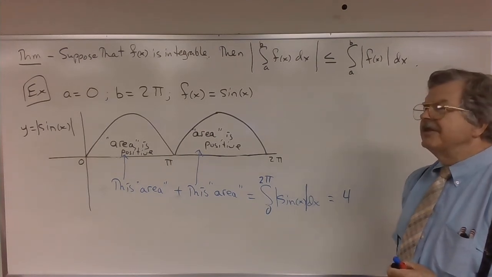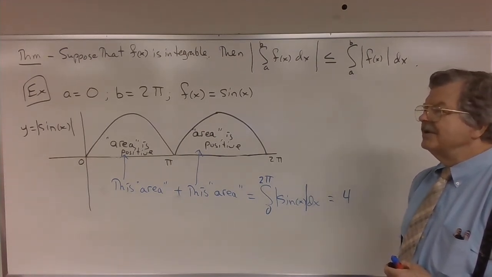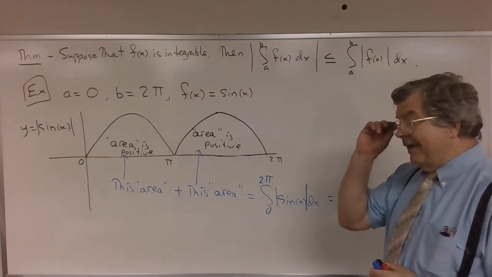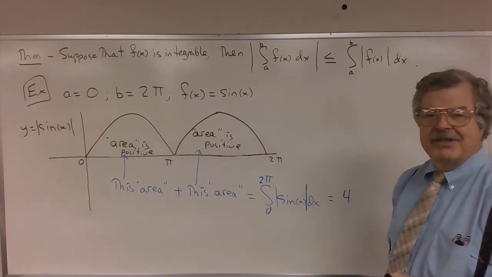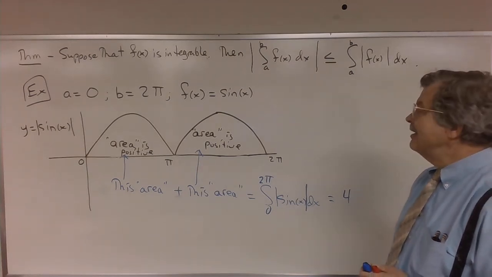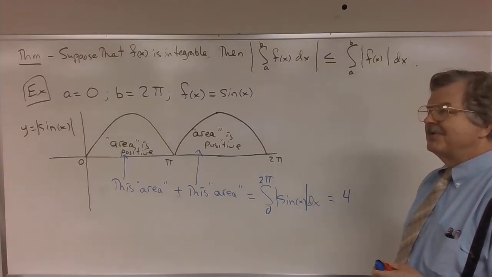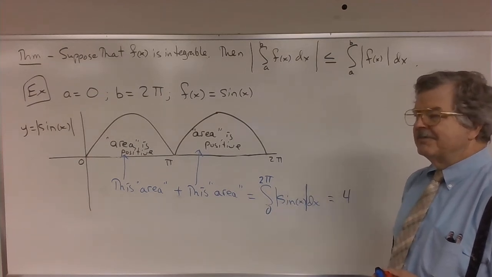Now, when would these things be equal? Essentially, they'd be equal exactly when f of x doesn't change sign on the interval. If f of x is negative throughout the interval and we do the absolute value, we get something positive.